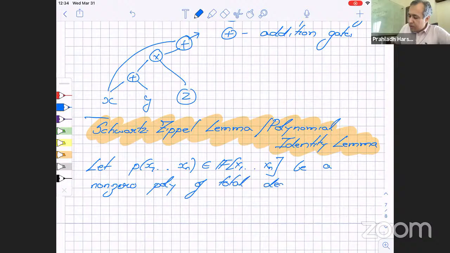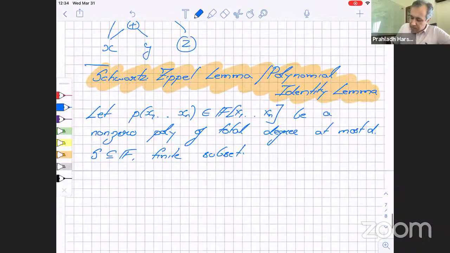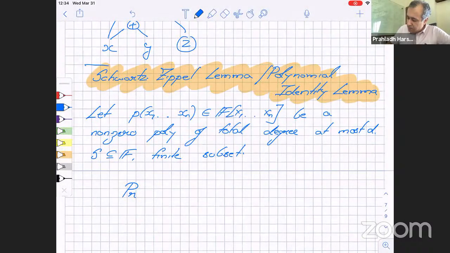The degree of a monomial is the sum of the degrees of its individual variables, and the total degree is the largest degree among the monomials. And S is any finite subset of F, then the probability, so think of this picture.